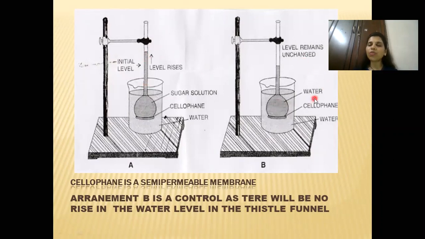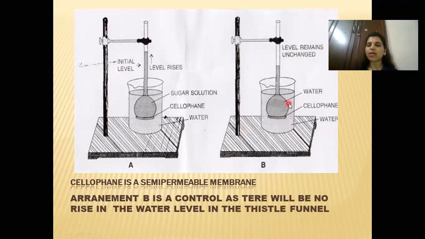What do you think will happen over here? As it is an isotonic solution, there is the same concentration of water outside and inside the thistle funnel. So there will be no change, and because there is no change, it's taken as the control. So this particular arrangement B is taken as the control.